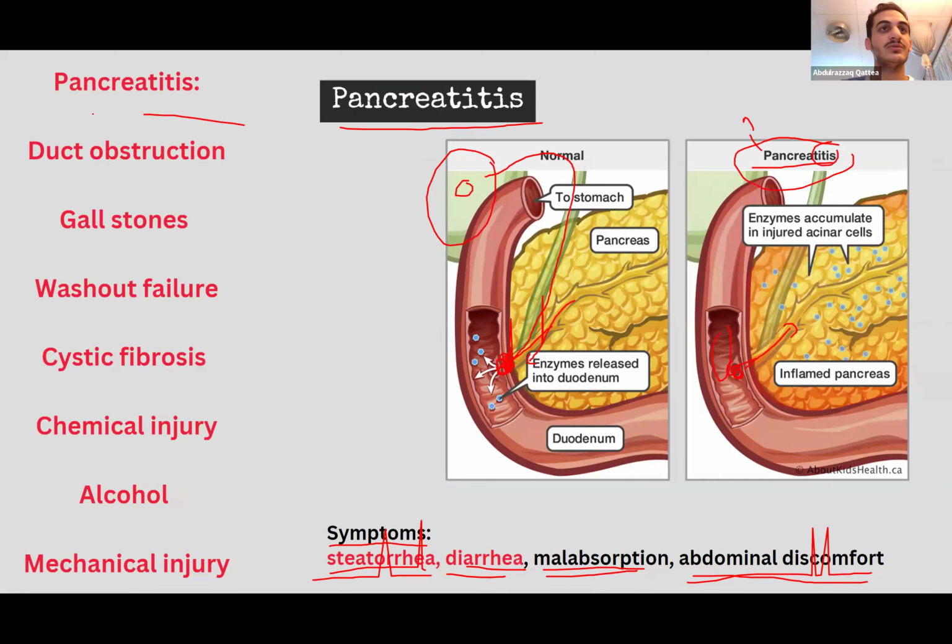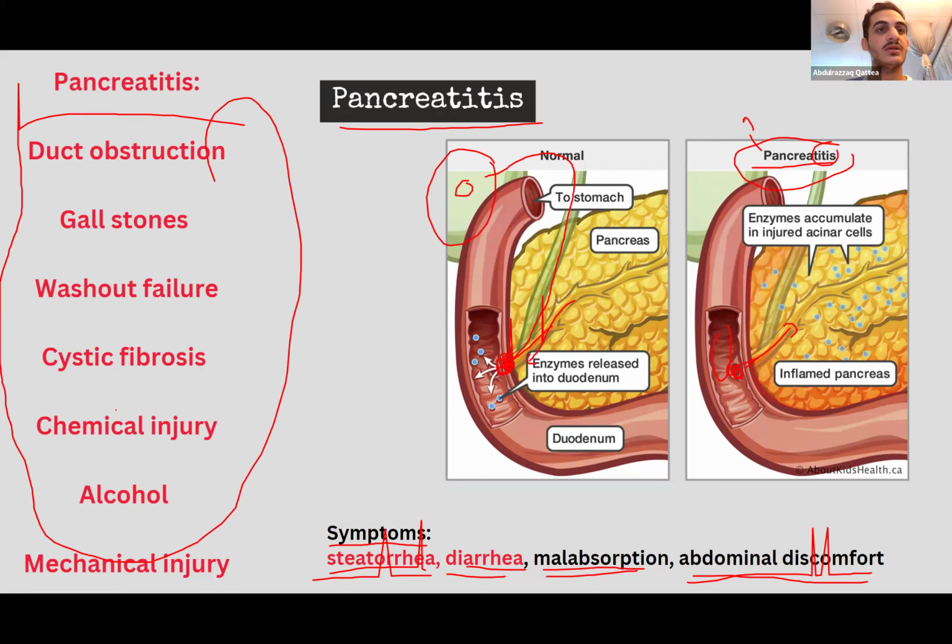And don't really worry about the causes of pancreatitis. You just need to know the concept. The doctor did not really go through it, so I don't think the causes are important. Maybe just know the gallstone example that I gave you.